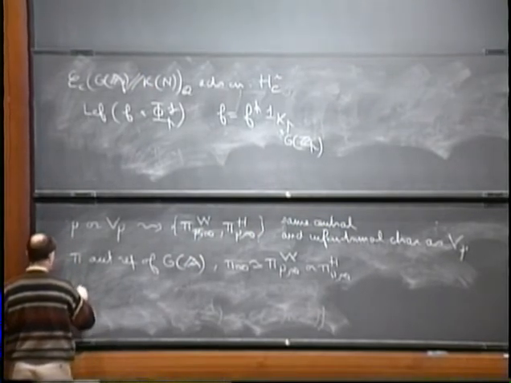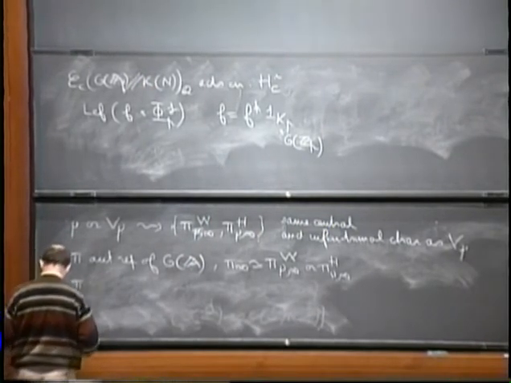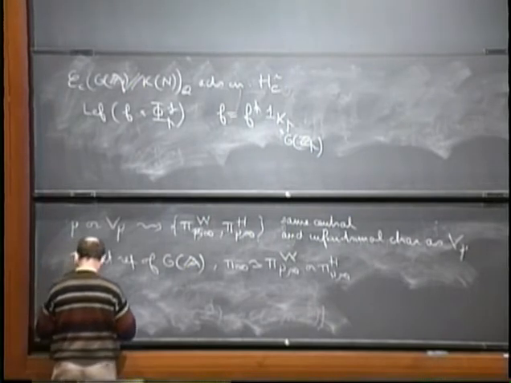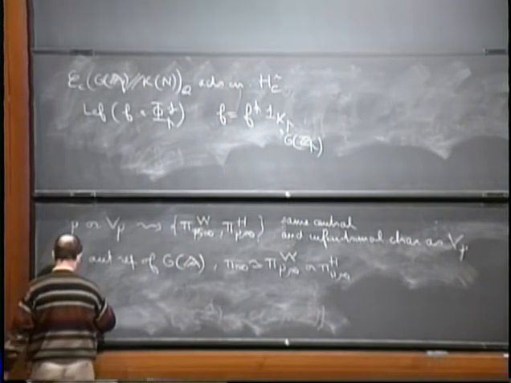For finite places, we have what Langlands called yesterday the Frobenius-Hecke parameter.